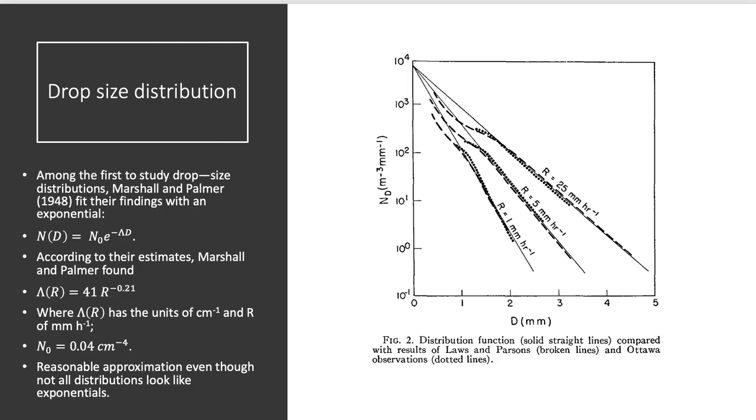Notice that after about 1 millimeter, 1.5 millimeter, let me explain. The continuous line is the theoretical values that you expect from the Marshall-Palmer distribution, and the y-axis is the n of D in logarithmic scale, and the x-axis is simply the diameter.